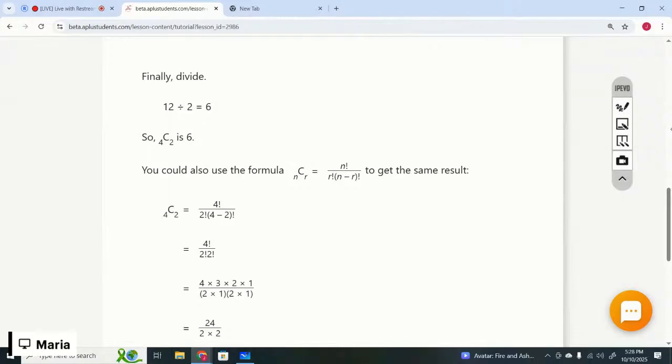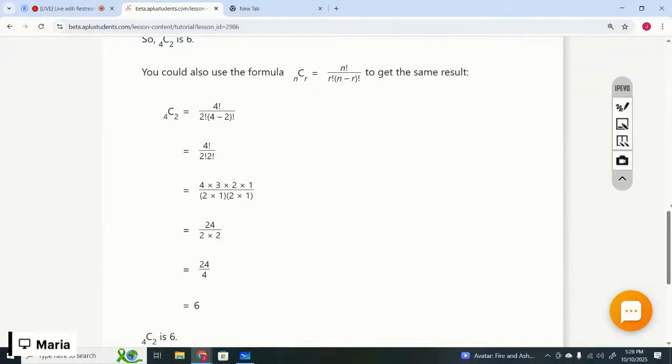We need to evaluate nCr, that equals n factorial divided by r factorial times n minus r factorial. So that is 4 factorial divided by 2 factorial and 4 minus 2 factorial. 4 minus 2 is also 2. That is 4 factorial divided by 2 factorial times 2 factorial.